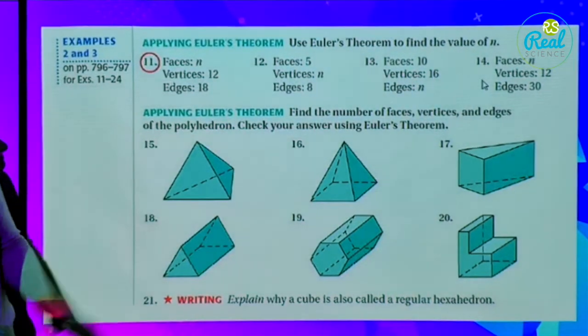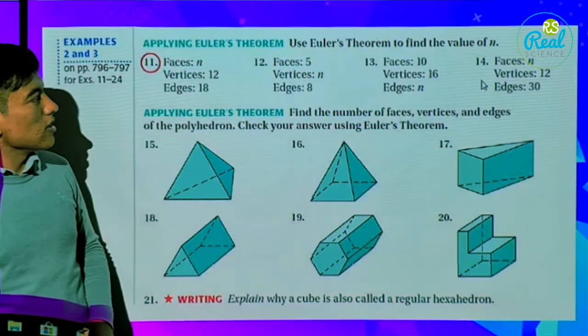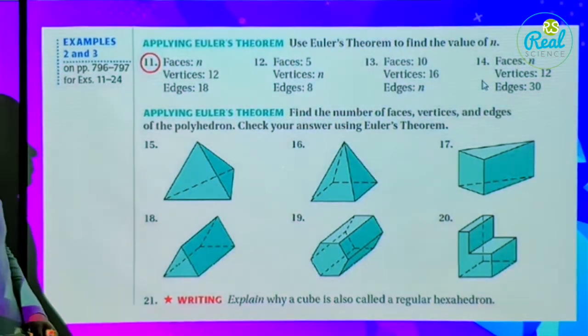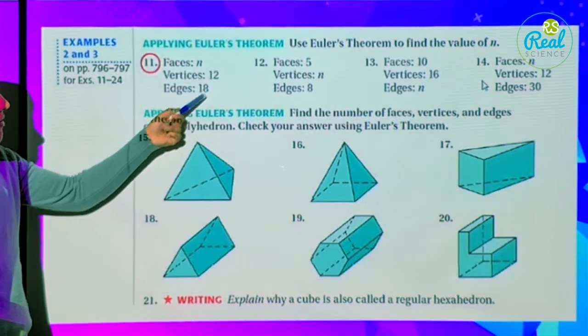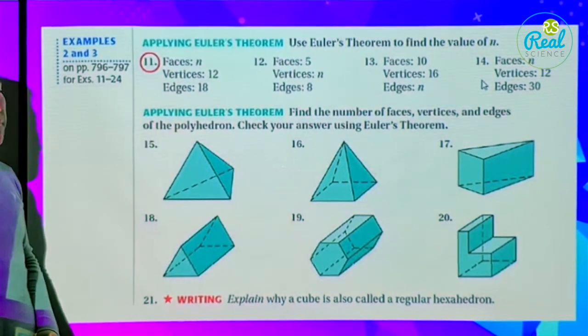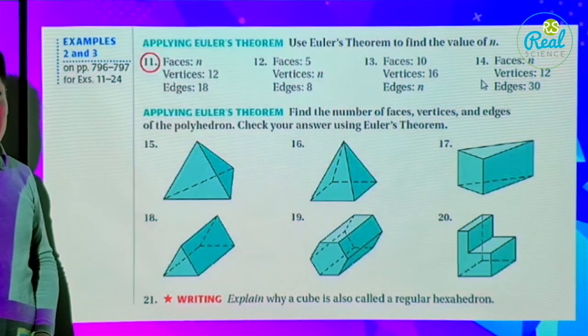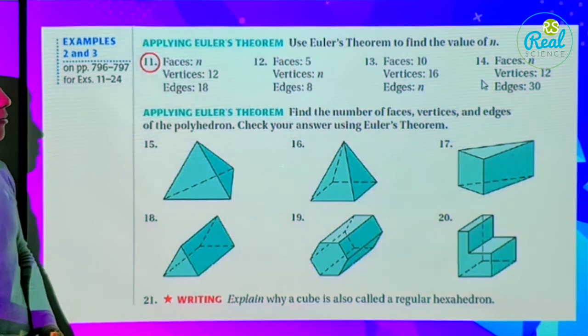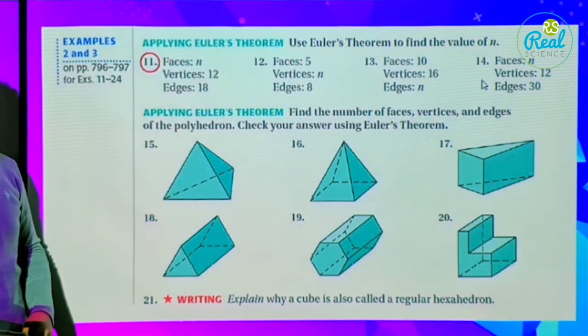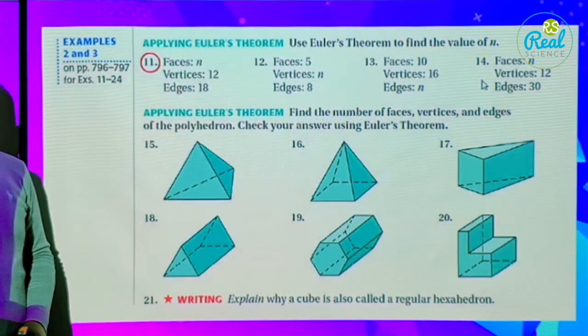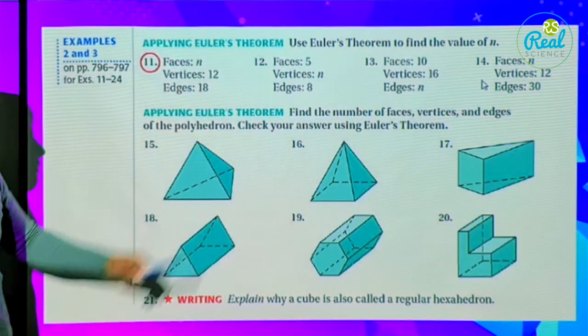Let's solve some questions applying Euler's theorem. Use Euler's theorem to find the value of n. Again, repeat the formula: F plus V equals E plus 2. So n plus 12 equals 18 plus 2. 20 minus 12 is 8.